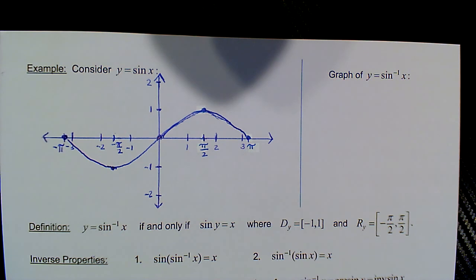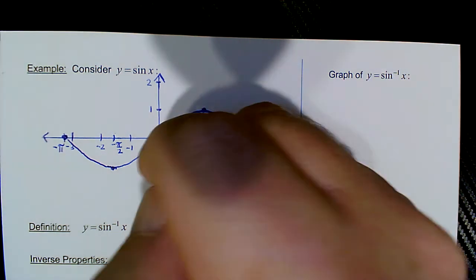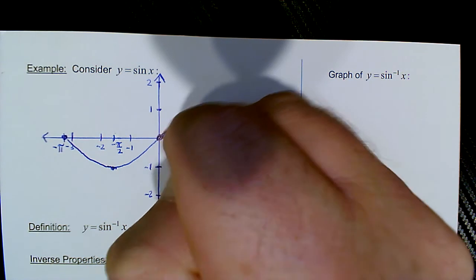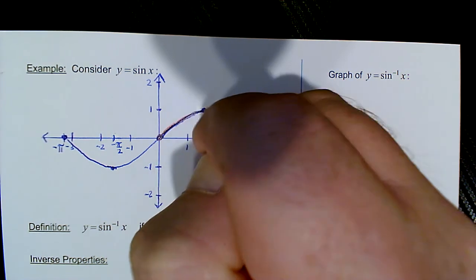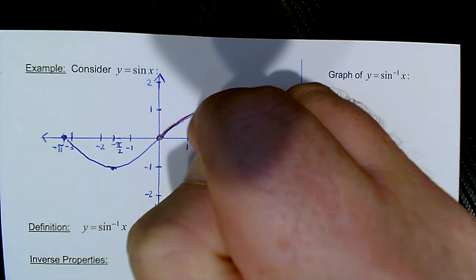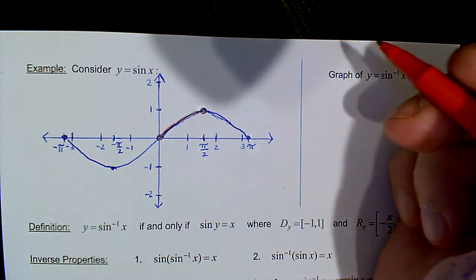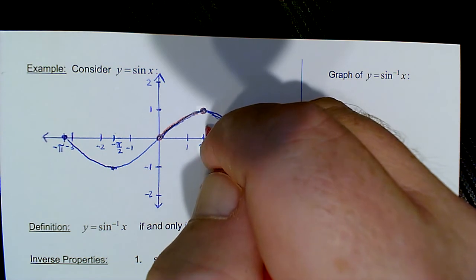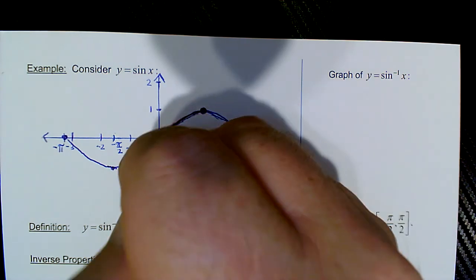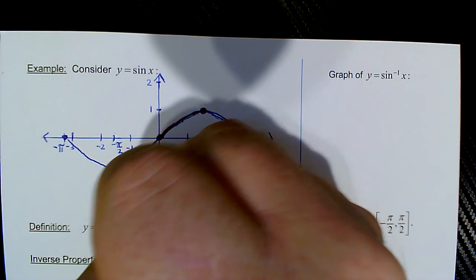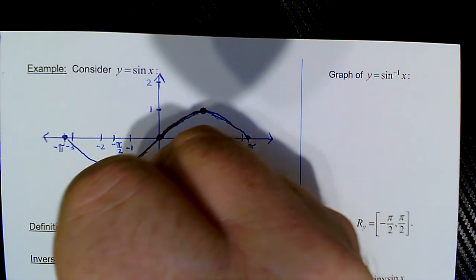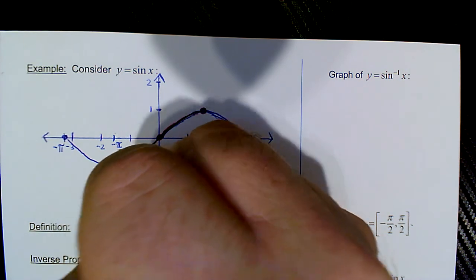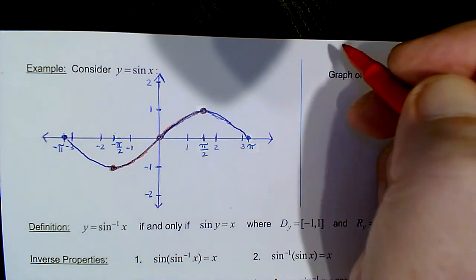Now, what we do is we restrict the domain. So if I shade in this portion until I reach the high point, that's as far as I can go, because if I go any further, it would no longer be one-to-one. But then to cover the complete range, I go in the opposite direction, and I pick up as much of the function as I can, and I'd have to stop at the low point, because if I go any further, it would no longer be one-to-one.